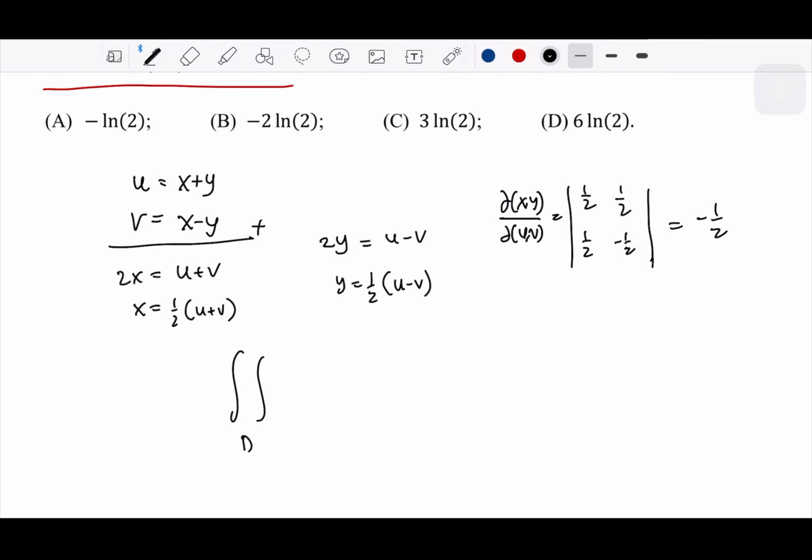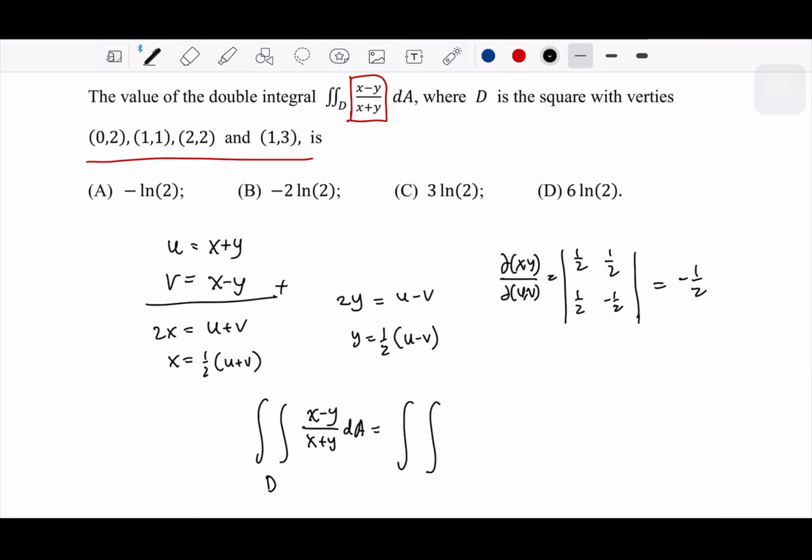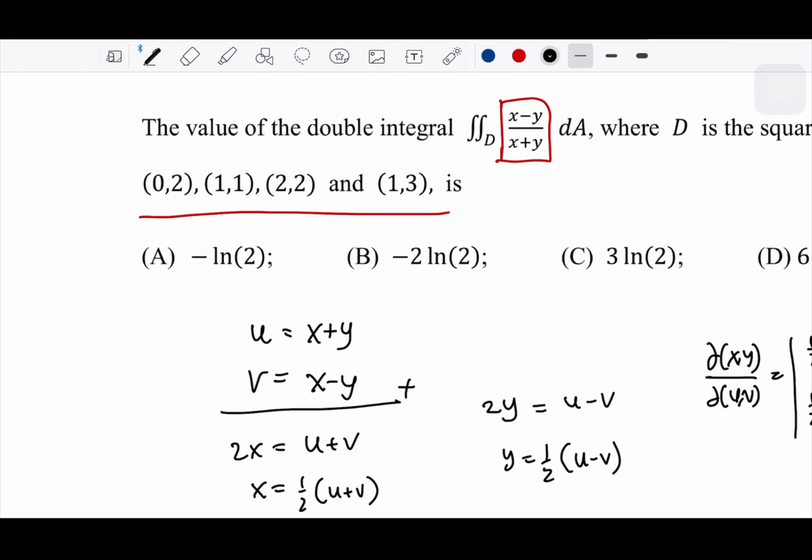So the double integral, now the results from the uv, we can take u as x minus y and v as x plus y, so the vertices are 2 and negative 2, then 2, 0, then 4, 0, and 4 and negative 2.